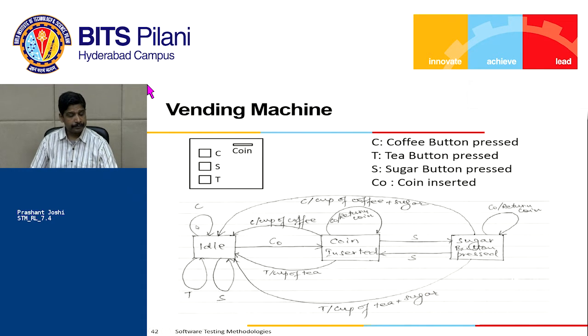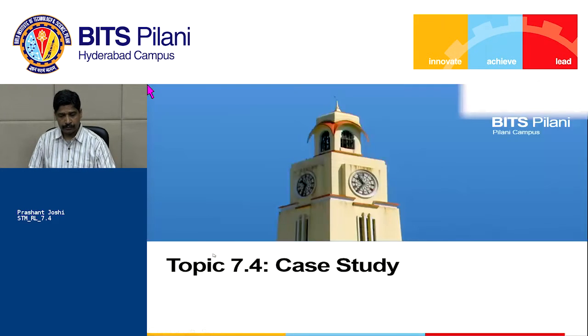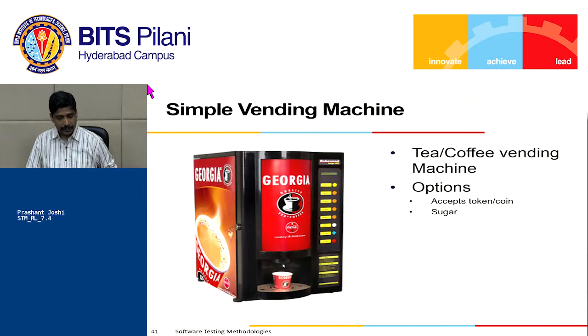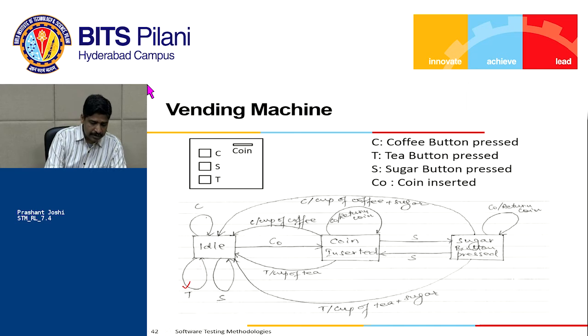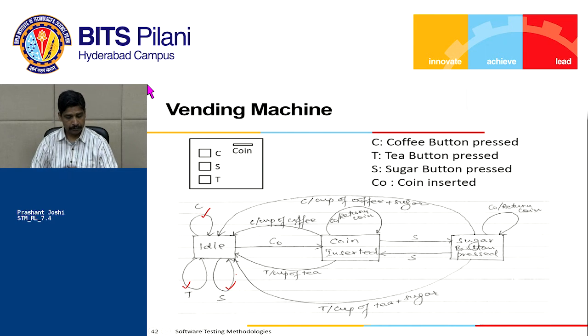So what do we have here? In the idle state, without inserting the coin, when coffee, sugar, or tea is pressed, nothing's going to happen. So that's where we start. We have got this transition, this transition, this transition, understood. The other model that we have is without inserting the coin, nothing should be given out. So that's what is happening in the idle state.